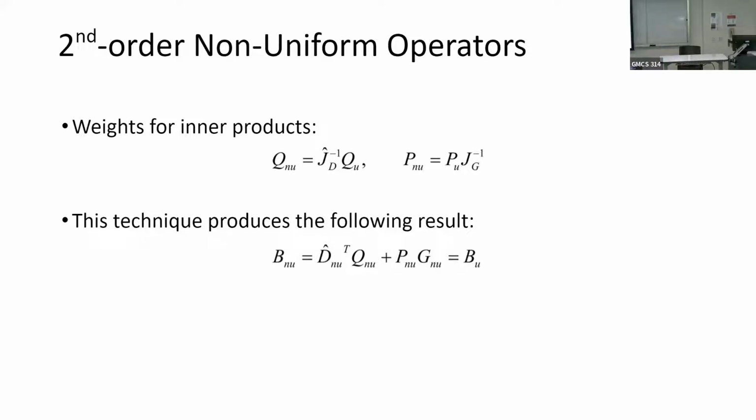And the same thing happened with the other weight matrix. The non-uniform is equal to the uniform weight multiplied by the inverse of the Jacobian of the gradient in the corresponding place. Because of that, it turned out that the boundary operator in a non-uniform mesh is actually the same one as the uniform.